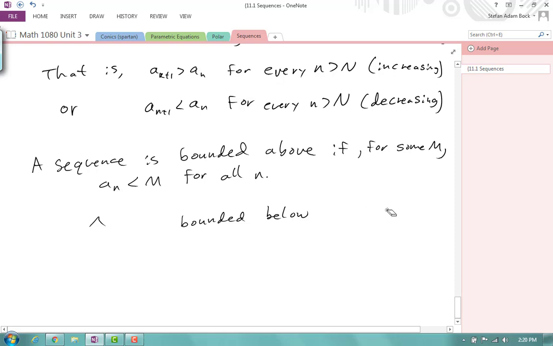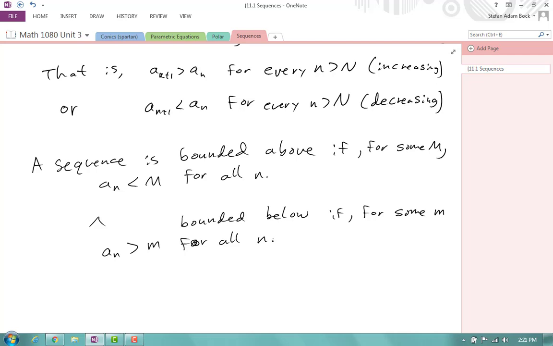A sequence is bounded below if for some little m, a sub n is greater than little m for all n. Which says pretty much the same thing as bounded above. If I look down, then I have a minimum value, and I never go lower than some certain value.